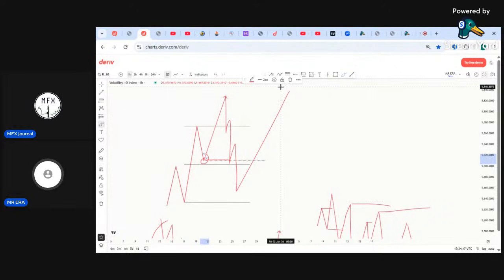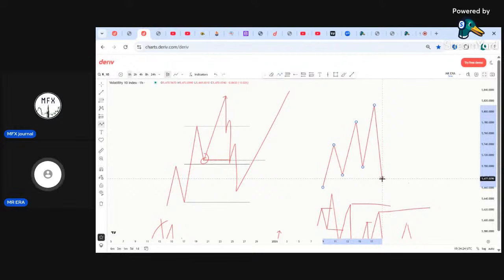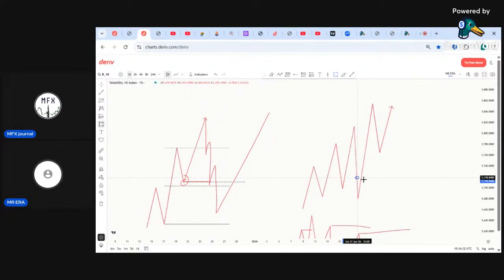For example, if price is going up like this and gives you a strong low before pushing to the upside, taking liquidity, and let's say your POI is here and you're expecting price to come all the way down, price does this, and this is your start point. Then you're expecting price to come all the way here. So this is your starting point, and this is your finish.